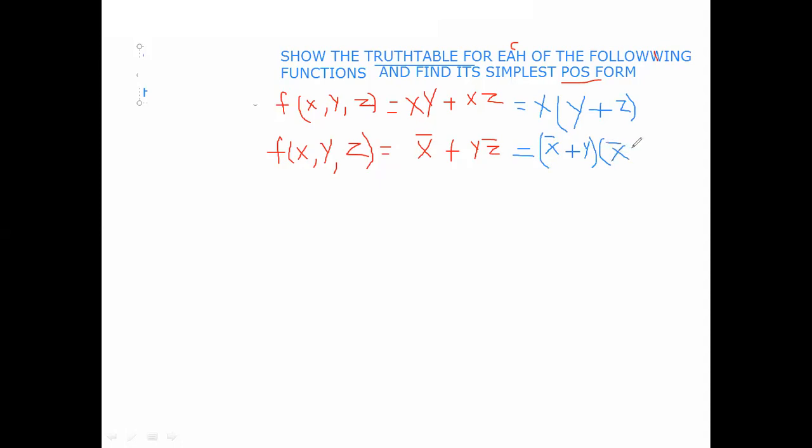So does this belong to POS form or not? Yes, POS form. Now we are doing the problems, and you will be getting this idea. Then this is very easy to do.